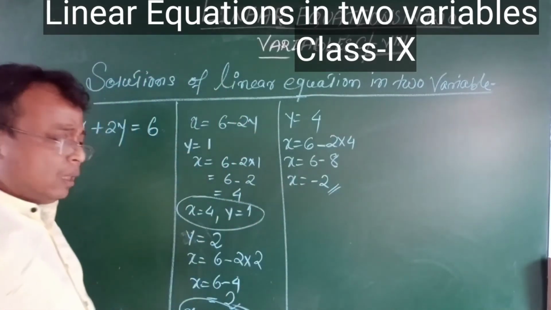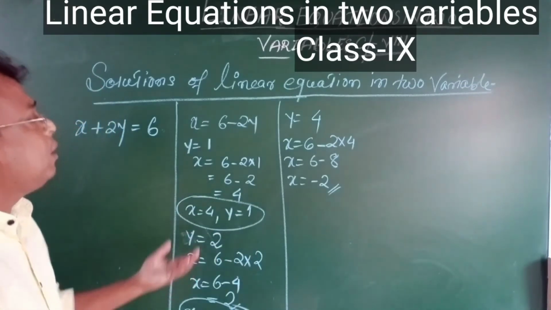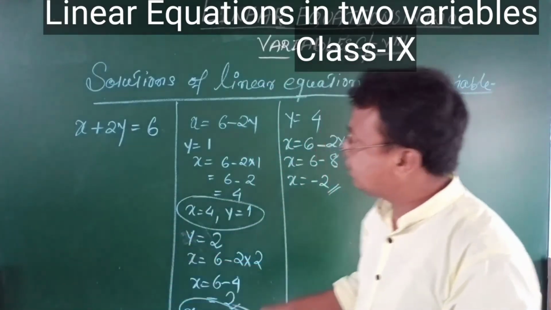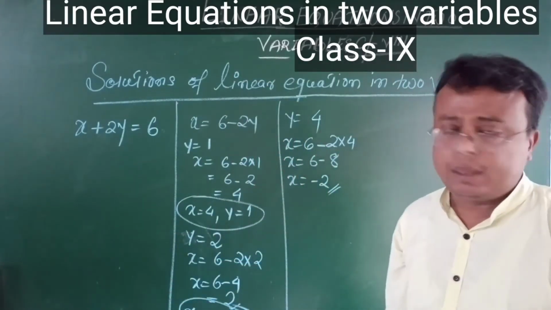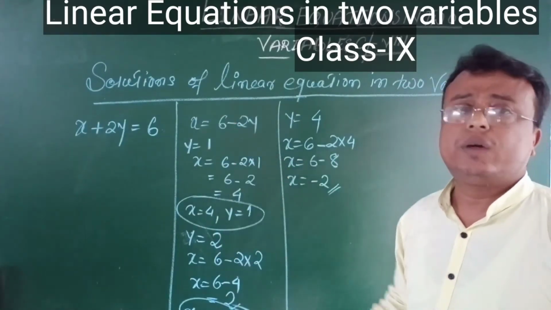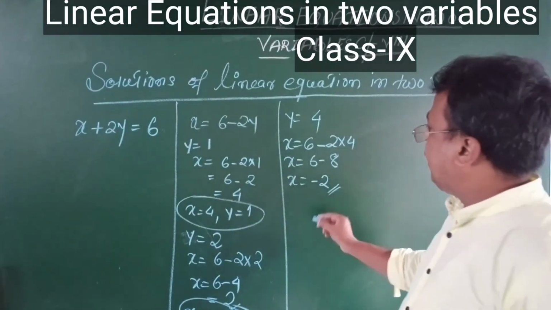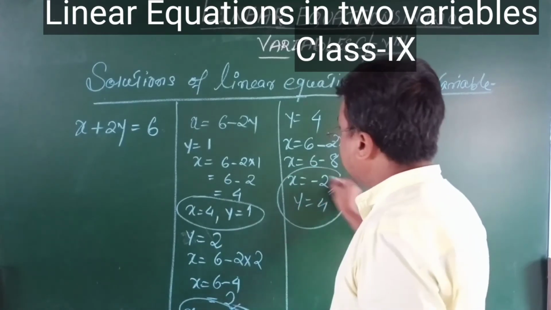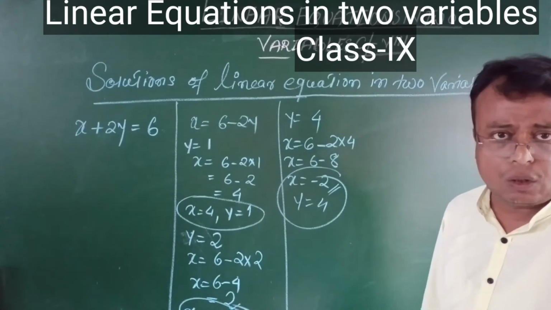Correct? So like this, tell me how many values of X and Y I can find for this equation? Yes, infinite. There is no limit. Infinite number of solutions we can find for this equation. At present how many solutions did we get here? This is 1, this is 2 and this is 3. Only 3 solutions we got.